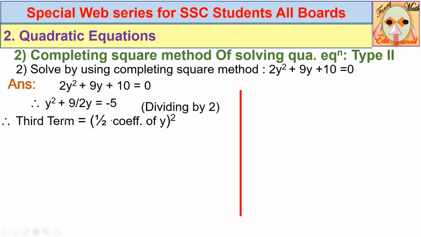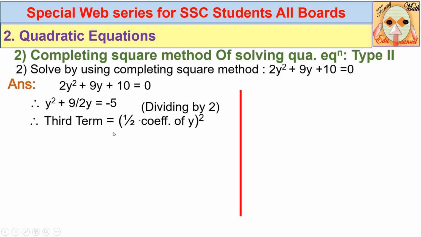And due to that we are going to find the third term, 1 upon 2 into the coefficient of y, bracket square. You know here the coefficient of y is 9 upon 2. So it is equal to 1 upon 2 into 9 upon 2, bracket square. You know that 9 ones are 9, divided by the denominator 4, and its square is 81 upon 16.